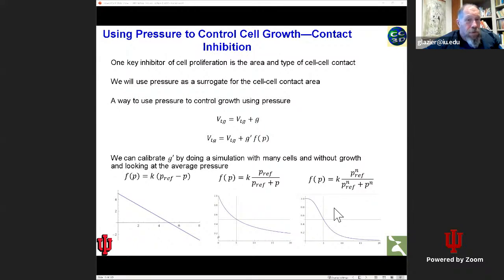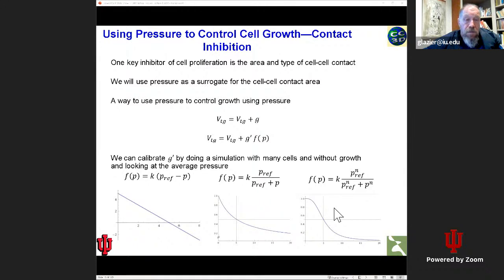The first one really should have been K times 1 minus P over Pref to be consistent. The other two are designed so that if P is 0, you get a value of K. So the first one should have had P rescaled by Pref instead of the difference.